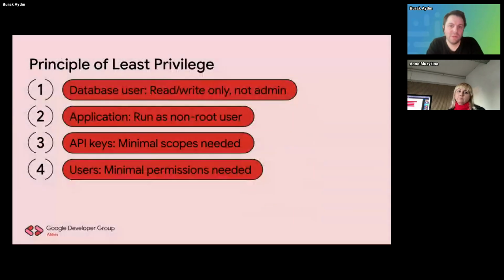I'm going to talk about the principle of least privilege here. You should grant only the minimum access needed. Your database user shouldn't have admin rights, just read and write permissions for specific tables. And your application shouldn't run as root. API tokens should never have wide scopes.